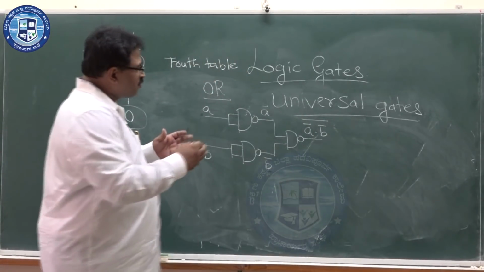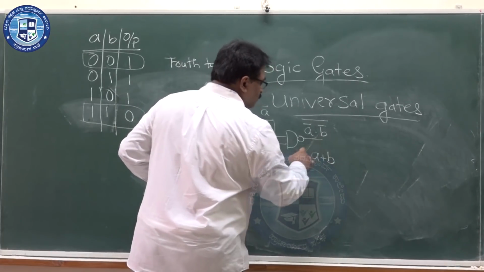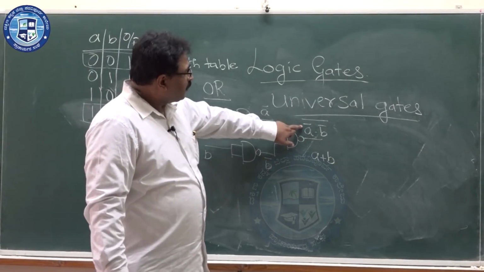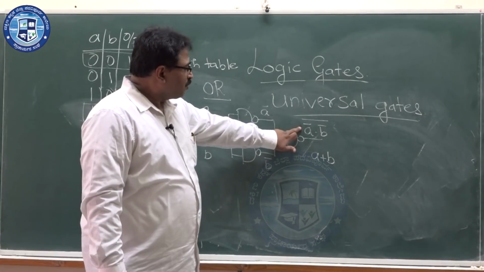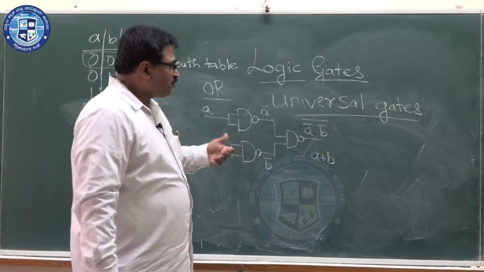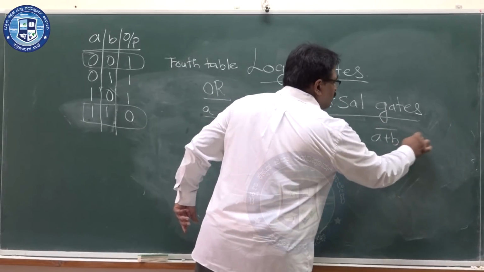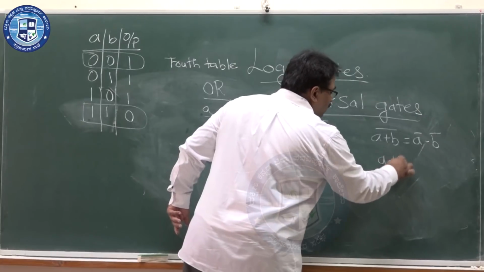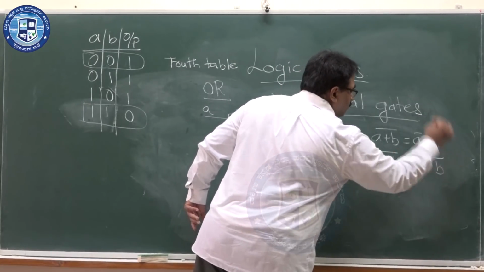Now this is nothing but actually A plus B. Now how we get this is by applying De Morgan's theorem. So De Morgan's theorem is so important. What you have learned in De Morgan's theorem is A plus B the whole bar is equal to A bar dot B bar. A dot B the whole bar is equal to A bar plus B bar.